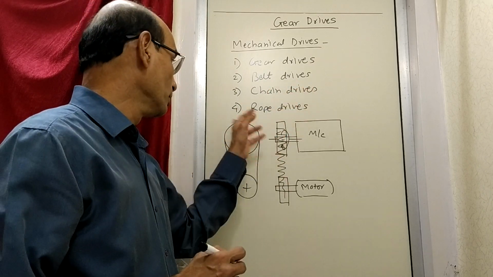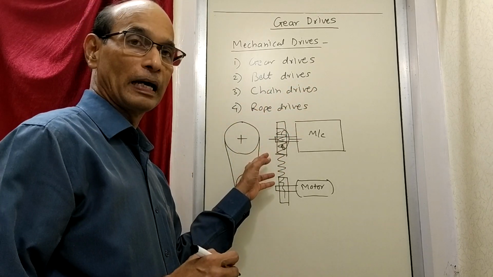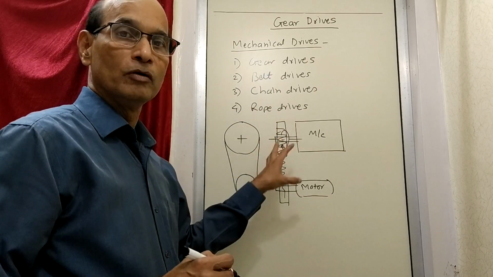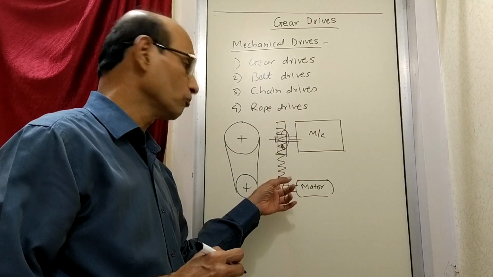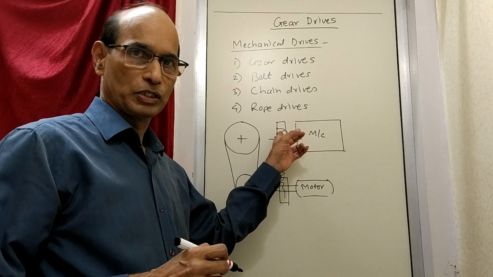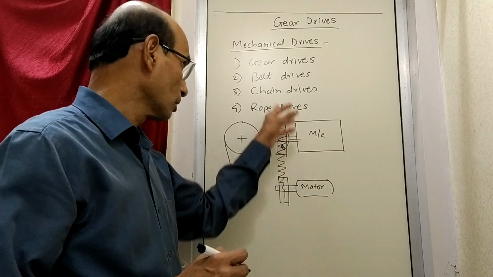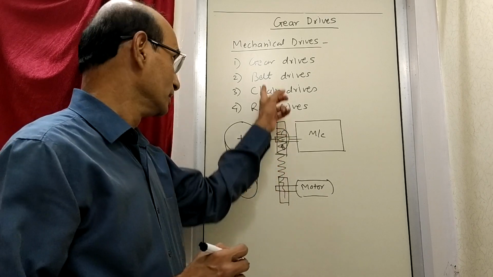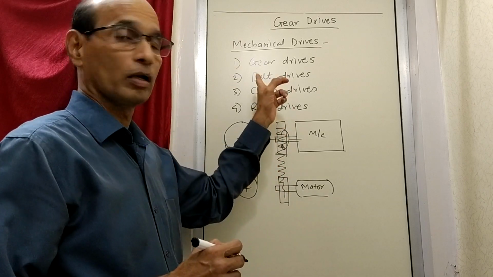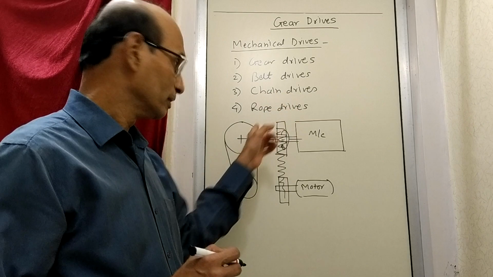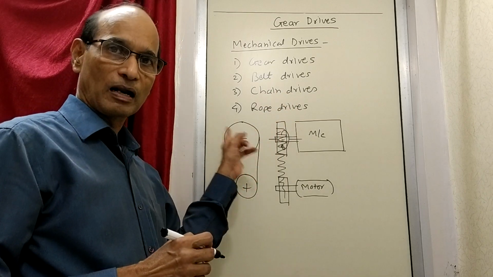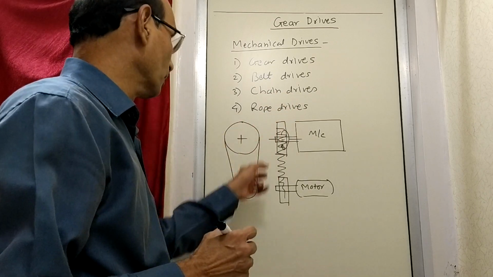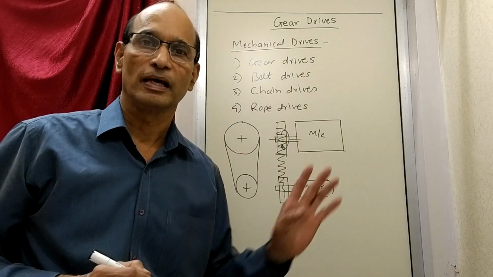Similarly, there could be a chain drive, a rope drive, or a gear drive, used for transmitting power from one shaft to the other. The only difference is, in case of gear drive, the two gears are in contact, whereas the pulley or the sprocket are slightly far away from each other and are connected by a connecting mechanism like a chain or a belt.